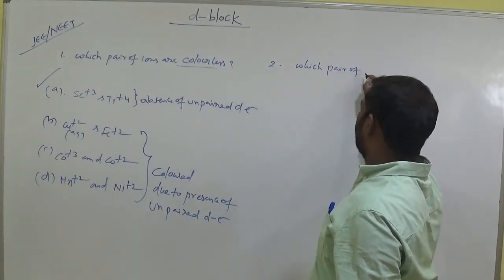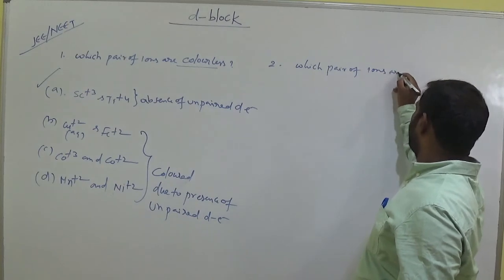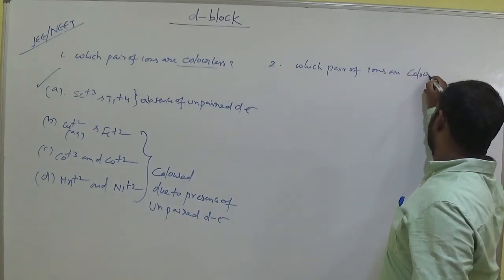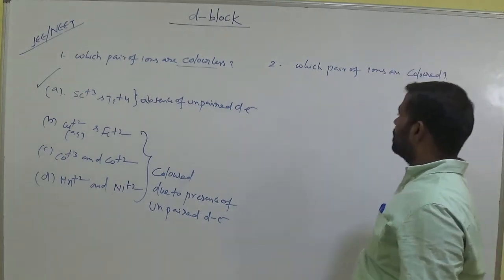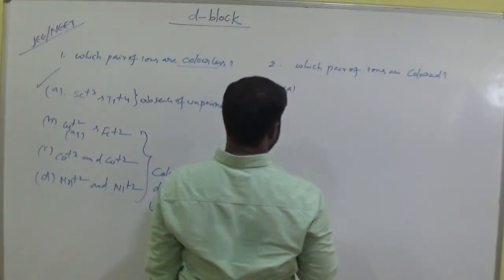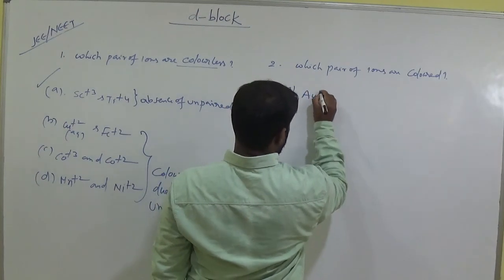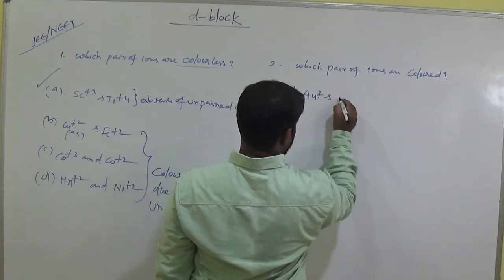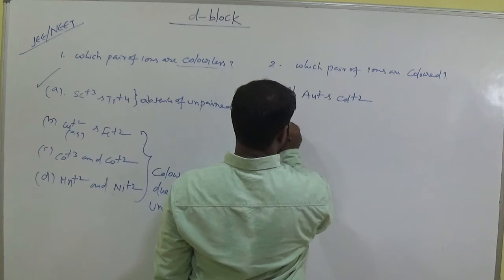Which pair of ions are colored? Option A, Au plus and Cd plus 2.